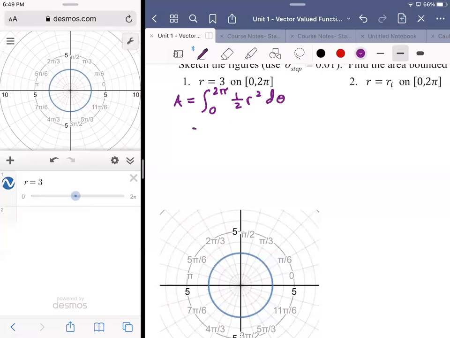All right. So over the interval of 0 to 2 pi, 1/2, well, r is equal to 3, constant, 3 squared d theta.